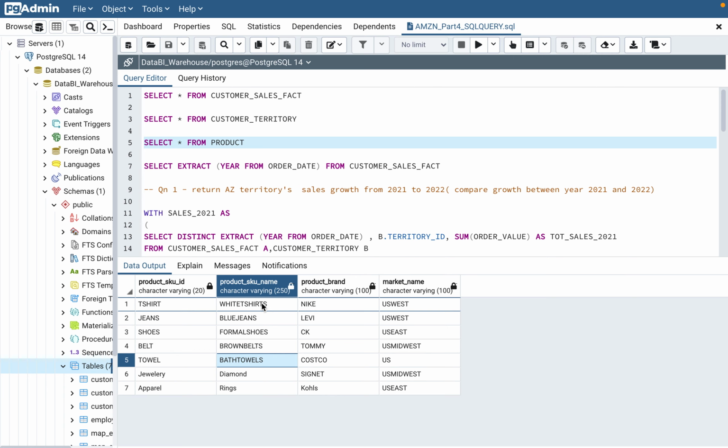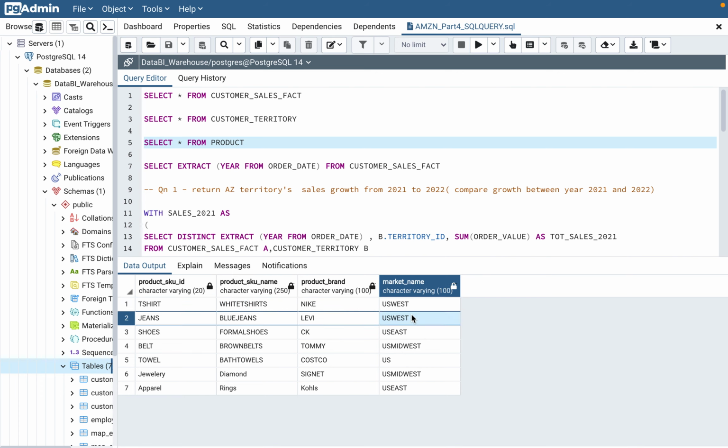So what it is telling is, if there are sales of white shirts, which is $100, and let's say blue jeans is $40, then what is the market share of white shirts? For a simple example, let's say total sales of the US West market is $100, just to explain. We'll look at the data and then come to the query.